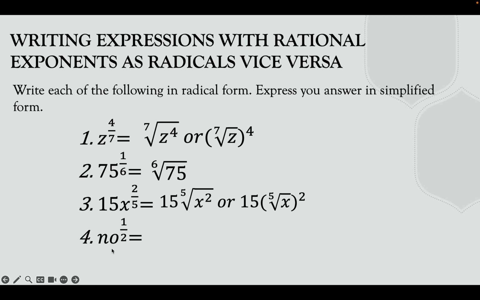Next, we have n times o raised to 1 over 2. Again, in this example, o is the one with the exponent, so you just need to copy n and change o raised to 1/2 to radical form. So we have n times the square root of o.